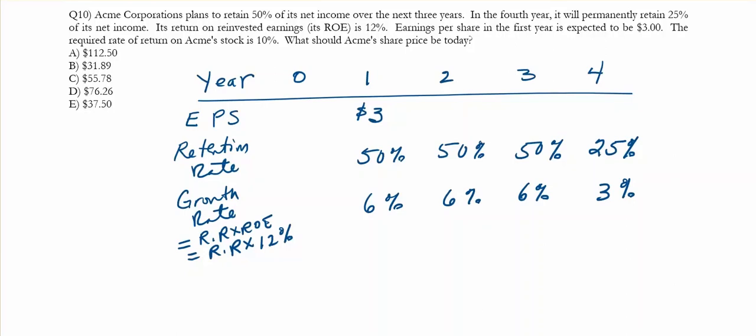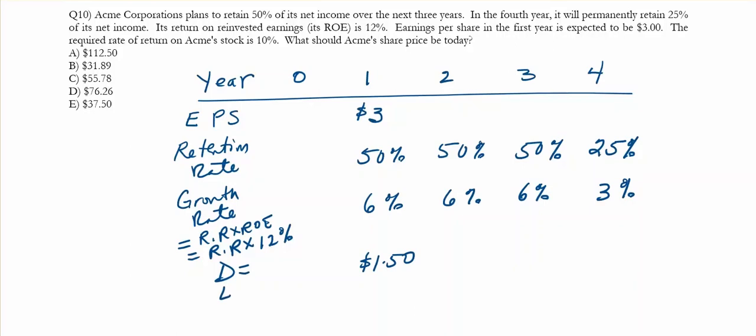Let's find out what the dividends will be. So we have the dividend per share, or just, we've always been using the letter D. So since the earnings per share in year 1 is $3 and the retention rate is 50%, that means the dividend will be $1.50.